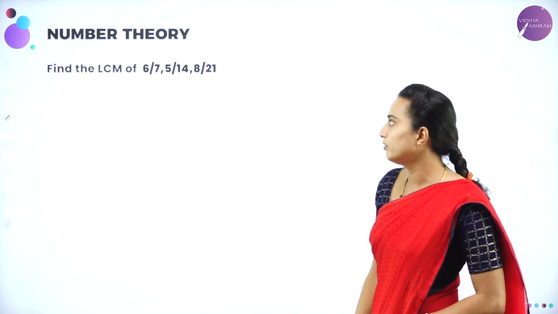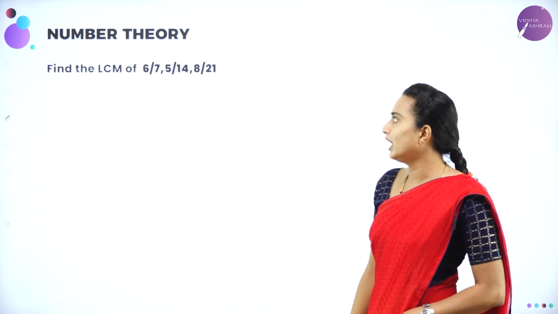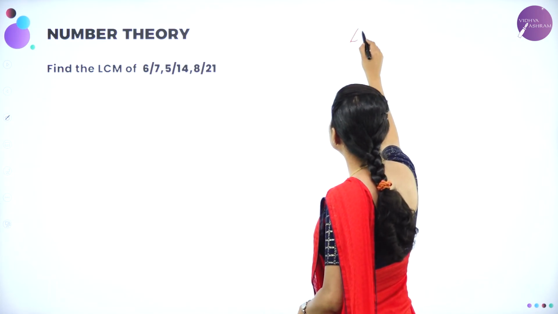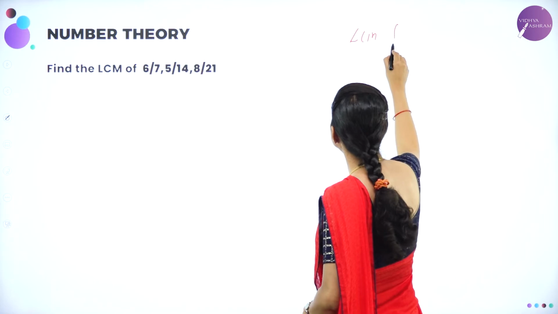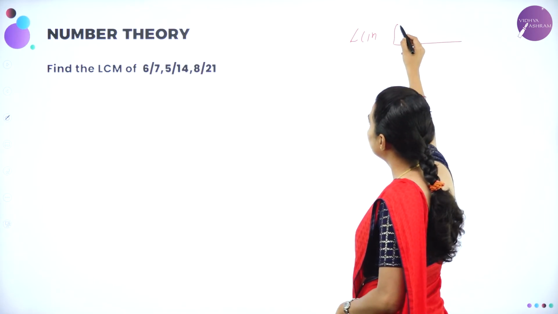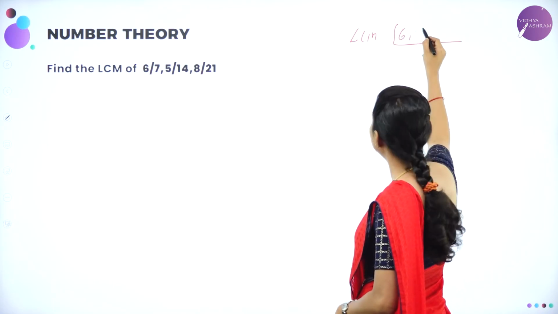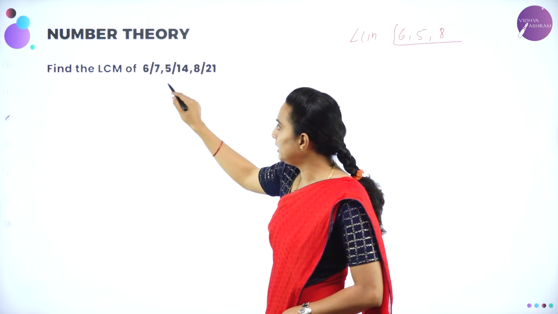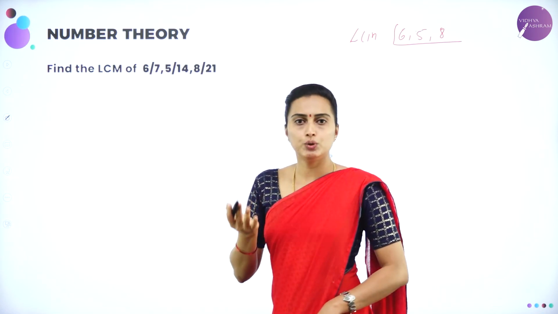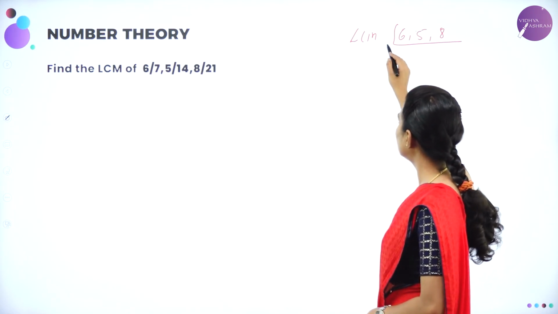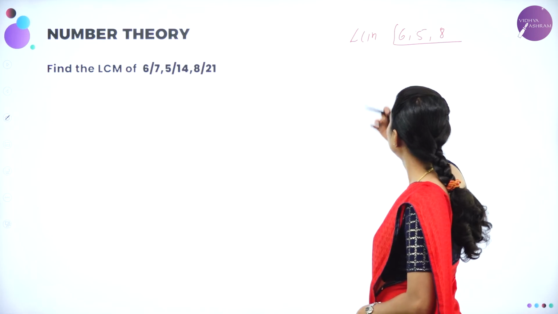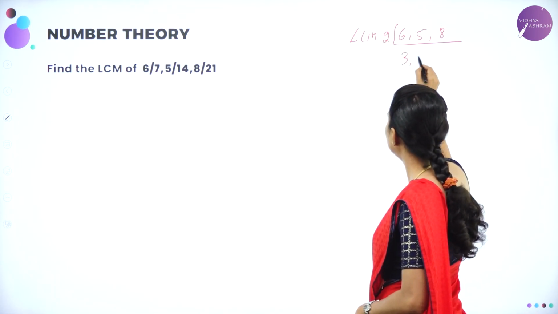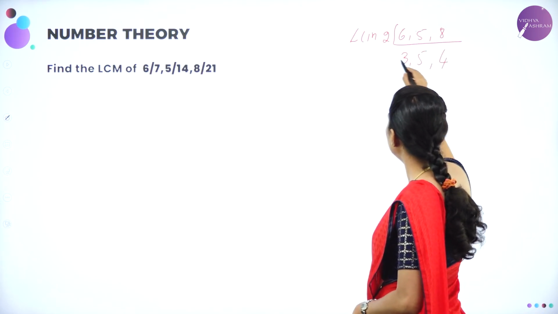Next we'll be moving on to find the LCM of 6 by 7, 5 by 14 and 8 by 21. Let me take the LCM of 6, 5 and 8 by the factorization method. What they have given is 6 by 7, 5 by 14, 8 by 21. So here, 2 threes are 6, 5 as it is, 2 fours are 8.